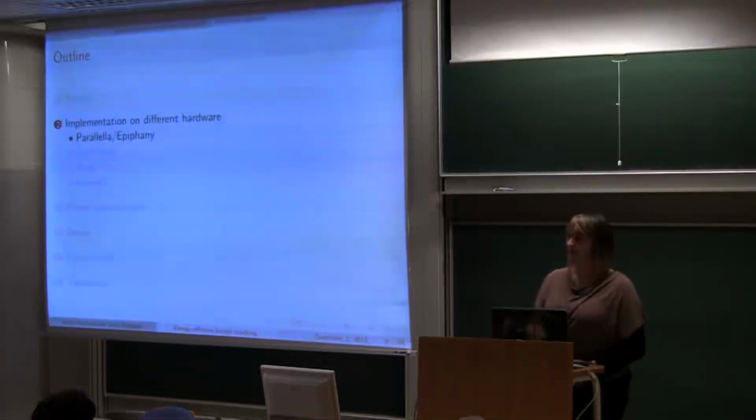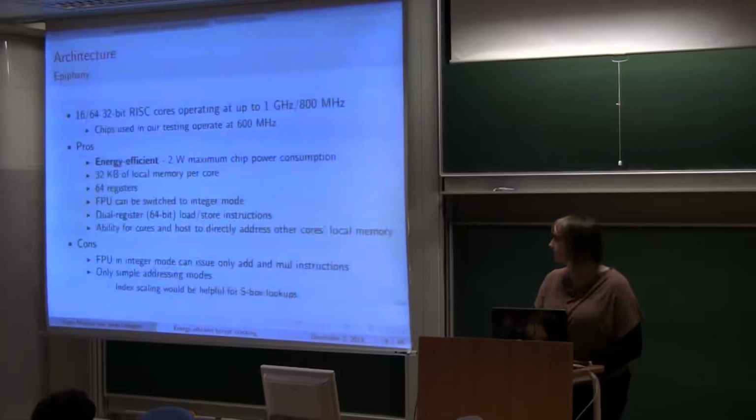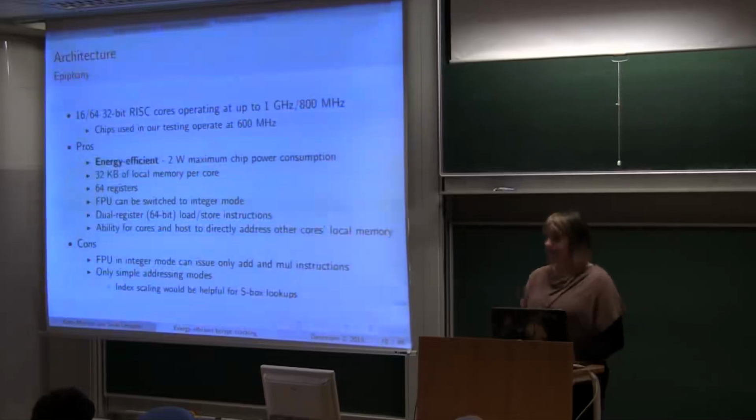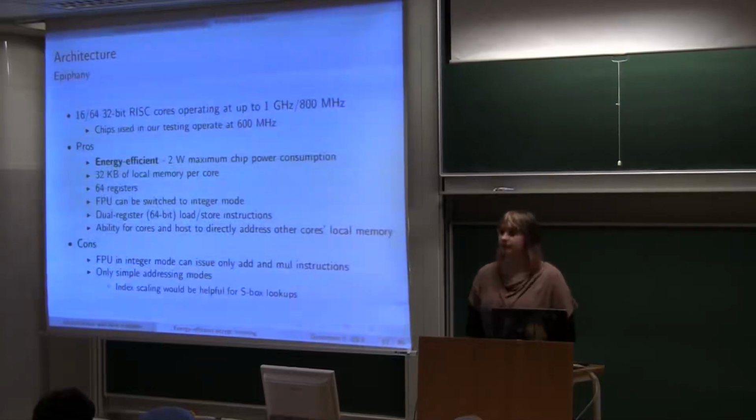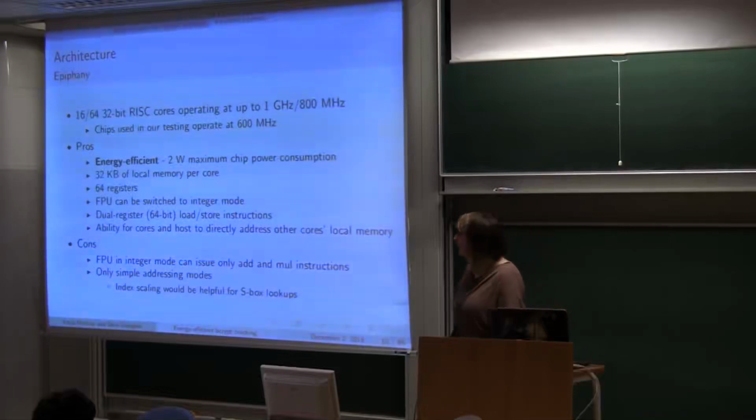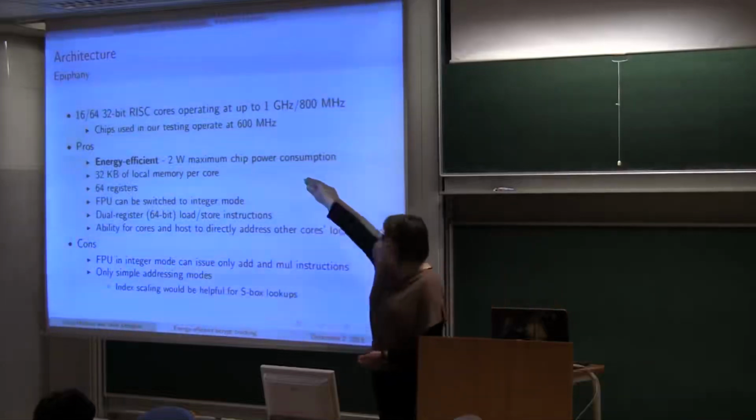So the first implementation I will be talking about is the Epiphany chip, which is part of the Parallella board. Epiphany architecture is very friendly to bcrypt because of bcrypt's sequential nature, and it's also energy efficient.